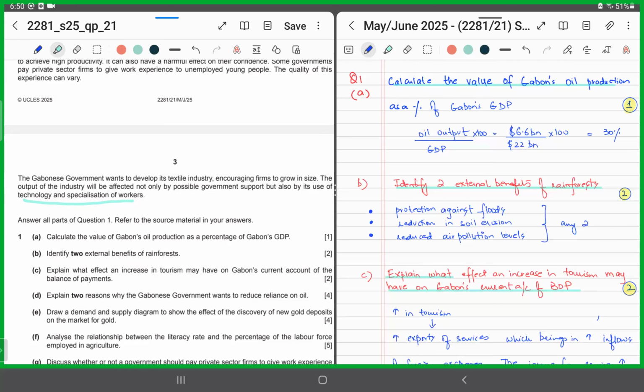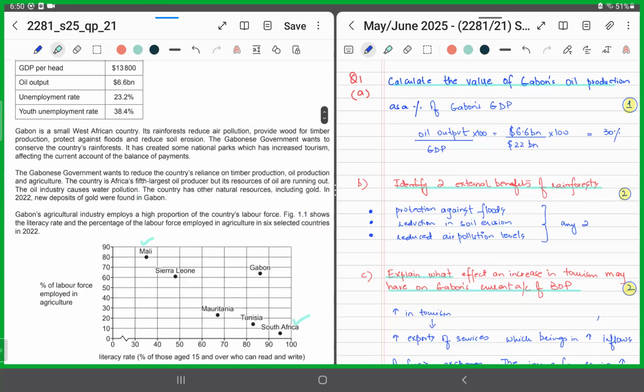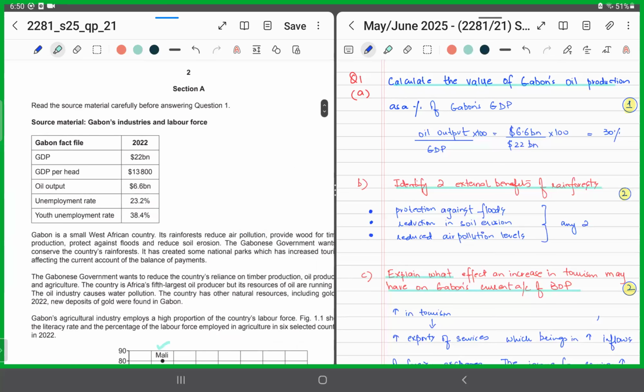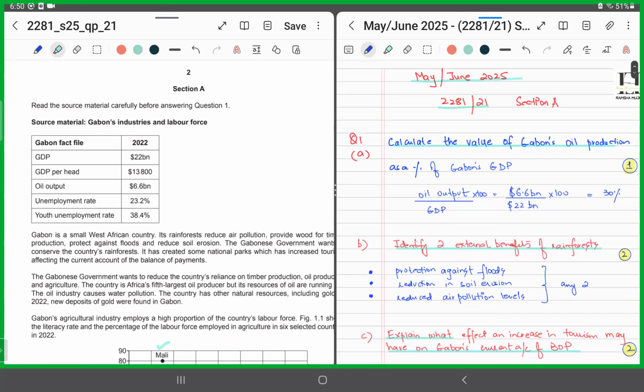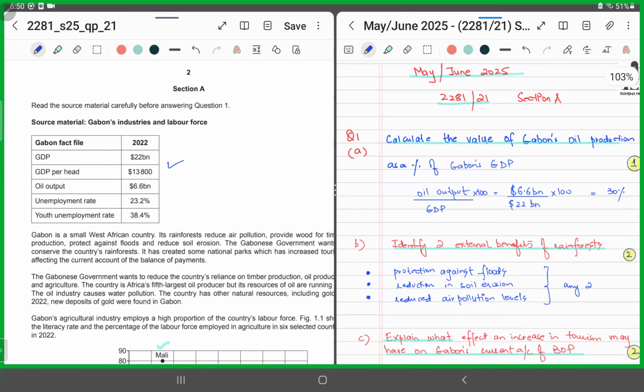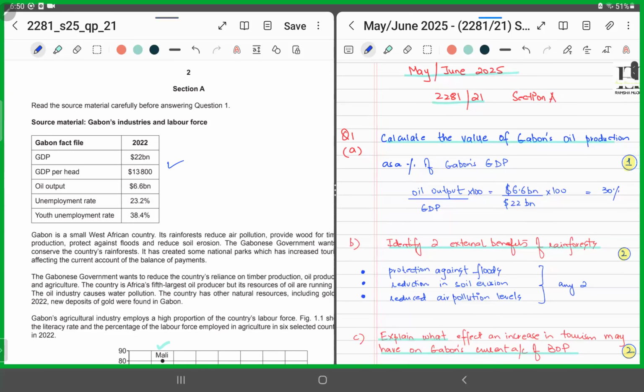So for that, we look into this first table. Now, on your right, you'll see I have solved this paper for you. And how have I extracted these figures? I've extracted these figures from this table only, the table on the left. So what I've done is, in order to calculate the value of Gabon's oil production as a percentage of Gabon's GDP, in the numerator, you write the oil output, which was $6.6 billion.